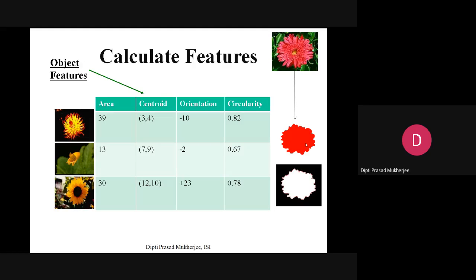Now I have certain pictures of flowers on the left hand side of the screen. Can any one of you have any idea why I put those images on the left hand side? These are the number of classes in which I want to separate out my data.